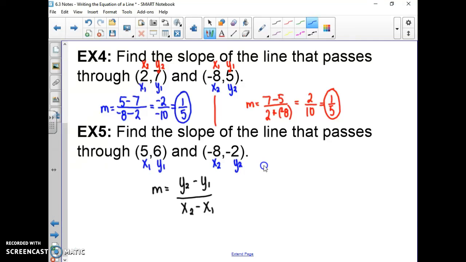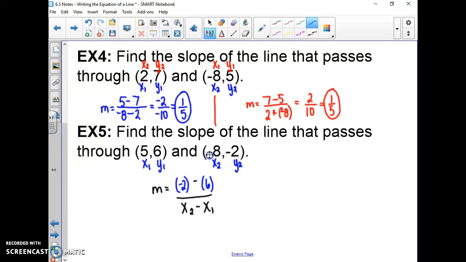So let's do this here. I'm going to take my y2 and replace it with negative 2. My y1 is 6, so I'm going to replace it with 6.